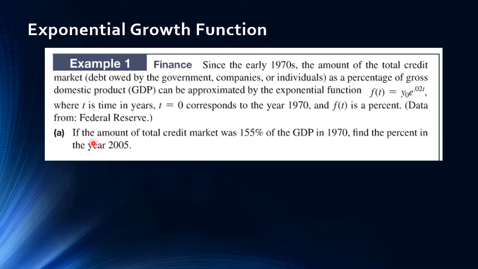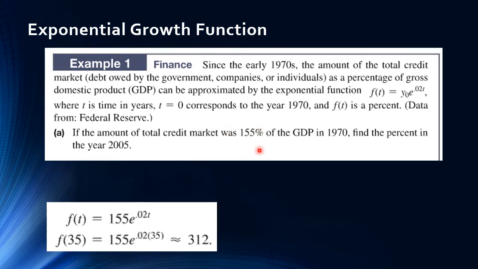But notice in part A, it says the amount of the total credit market, which is what f of t equals, was 155% in 1970. So this is automatically telling us this is the value for y sub 0, because remember, t equals 0 is 1970, and we're told that amount in 1970.